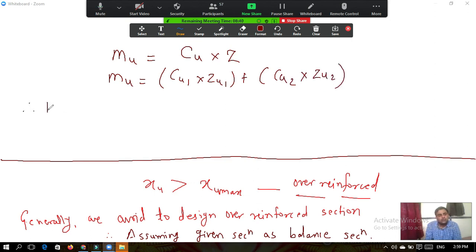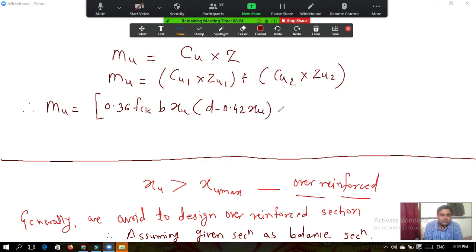So MU is equal to CU1. What is CU1? You already know, 0.36 FCK B XU. What is ZU1? D minus 0.42 XU. Plus CU2. What is the value of CU2?